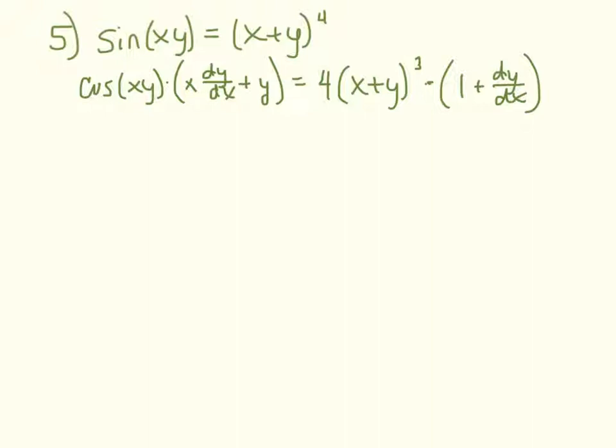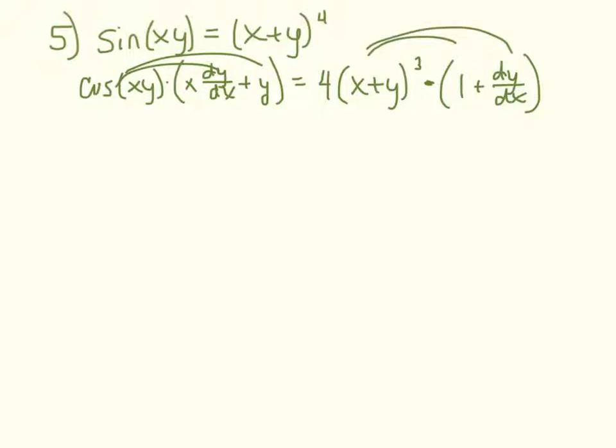Okay, so here's where that multiplication of this cos xy times this binomial and the 4(x plus y) cubed times this binomial is important. Because what we have to do here in order to isolate our dy/dx terms is first distribute these monomials into these binomials. Both of these places we have to do that.